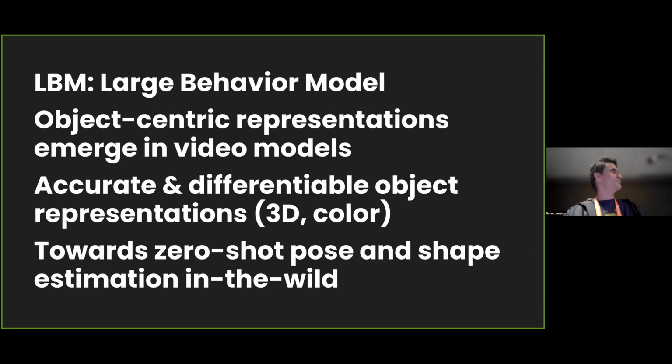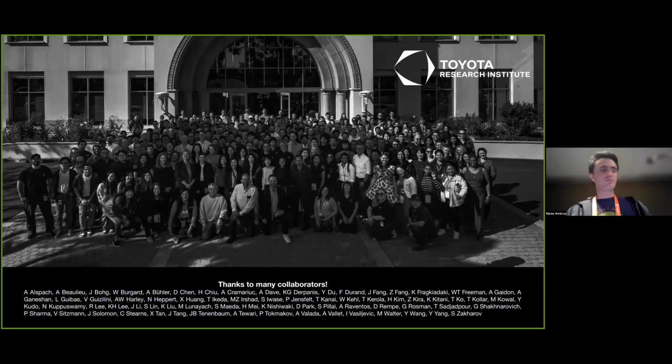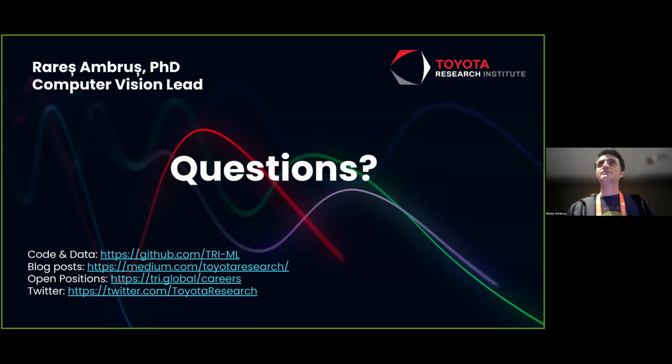We briefly looked at modeling objects in 3D and with colors, and we can do this accurately, compactly, and in a differentiable way. And we are making progress towards zero-shot pose and shape estimation in the wild, which is crucial for interacting with objects. And I would also like to thank my many collaborators and to end here with questions.